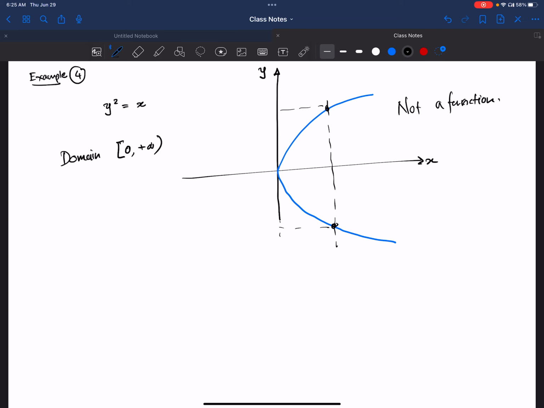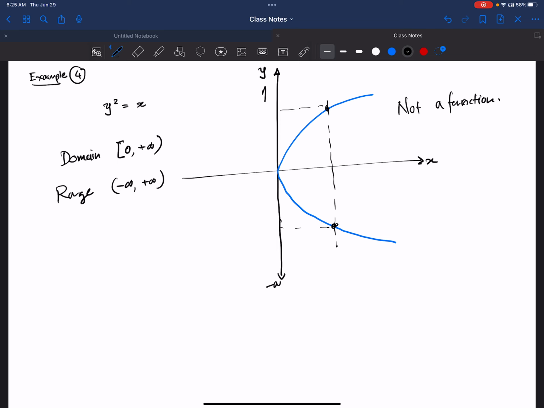But the range can go from negative infinity of y to positive infinity of y. That's the range.